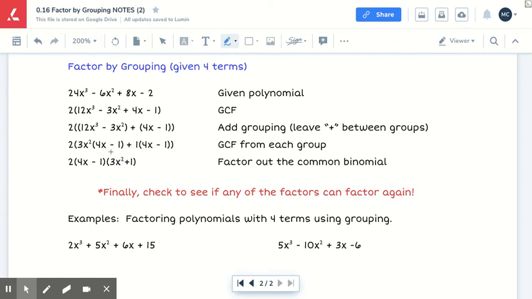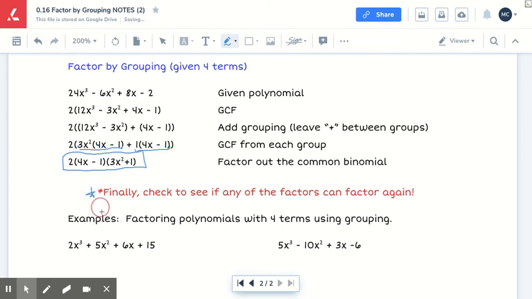Now the two binomials do match, so that means factor by grouping is working. And so I'm taking out that 4x minus 1 common binomial factor from each of these two larger terms. And that would leave me, when I divide each of them by 4x minus 1, with 3x squared plus 1. So this would be my fully factored form here.